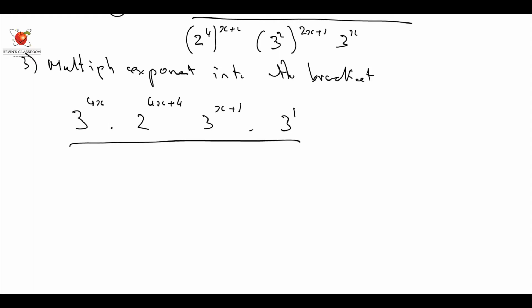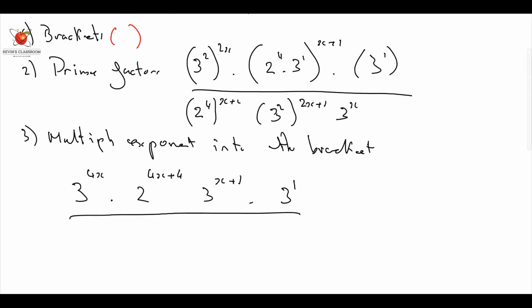What have I done? I have multiplied everybody into the bracket on top. But be careful. Just as an example, I'm going to do this one: 2 to the power of 4, 3 to the 1, that was to the power of x plus 1.